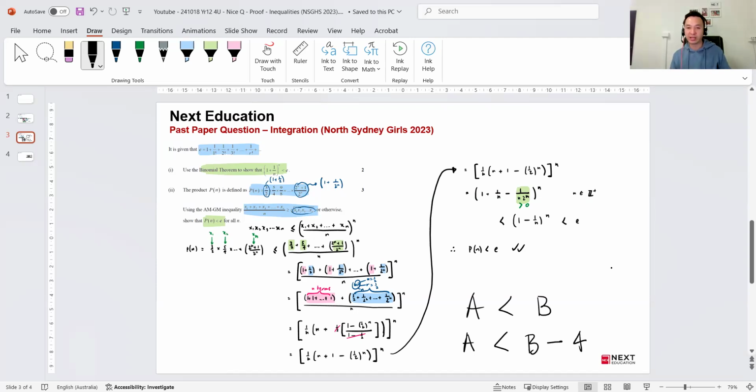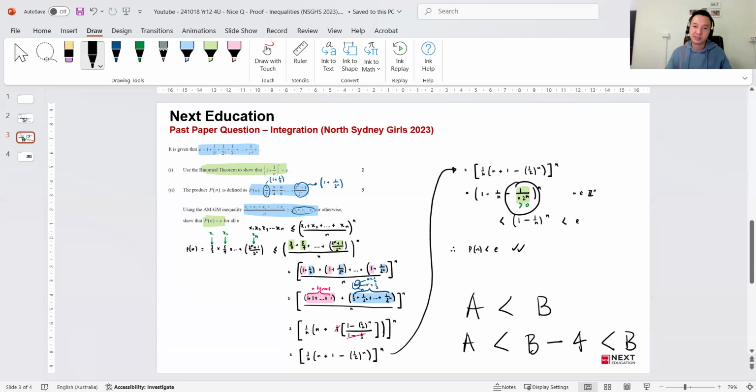If A is less than that, then it must be less than B. You basically identify that it's less than what you want minus some more. So if A is already less than B minus 4, it has to be less than B. For example, if 100 is less than 200 minus 4, it has to be less than 200, because it's already less than 196.